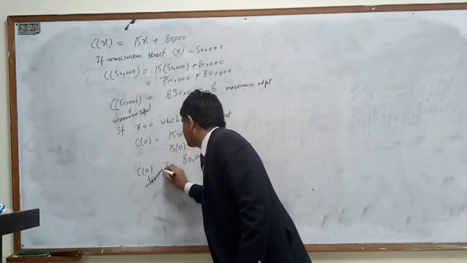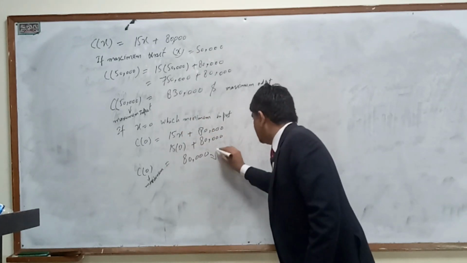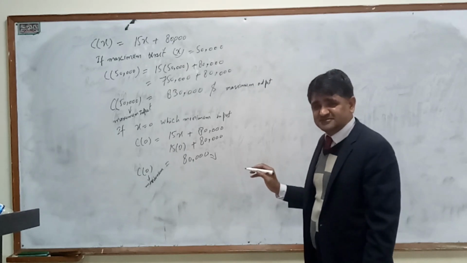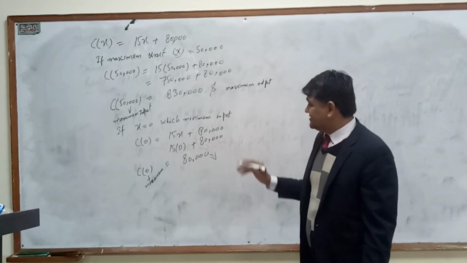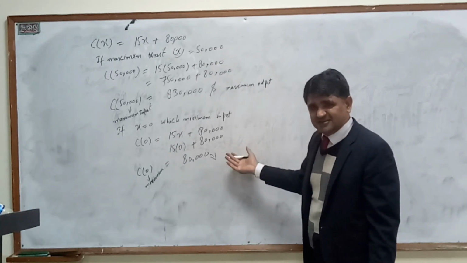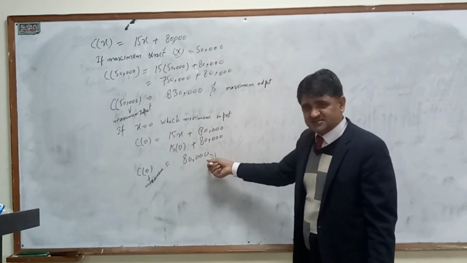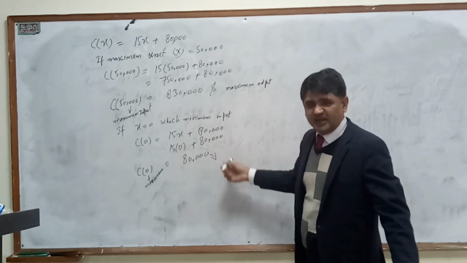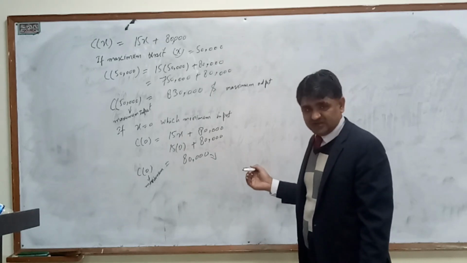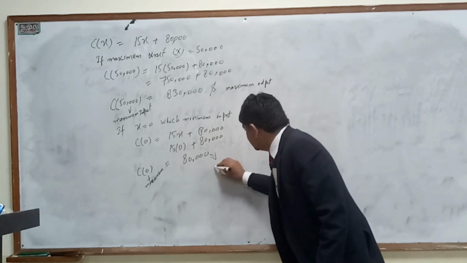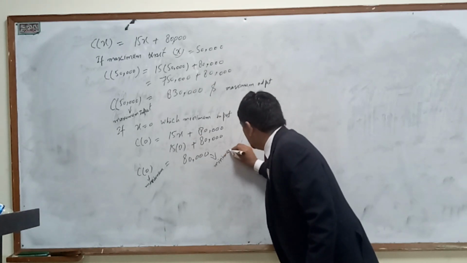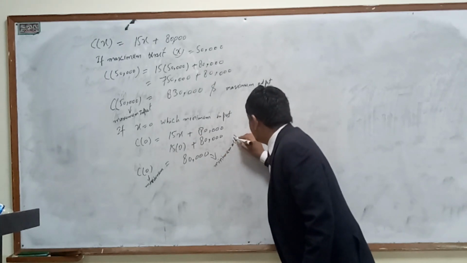If the firm produces none of the units, then the cost is 80,000. And what's this cost? Minimum output. This cost is fixed cost, the product cost or any other cost that can fall under the head of fixed cost. So it's the minimum cost, minimum output.